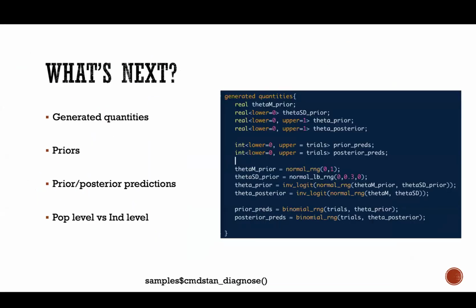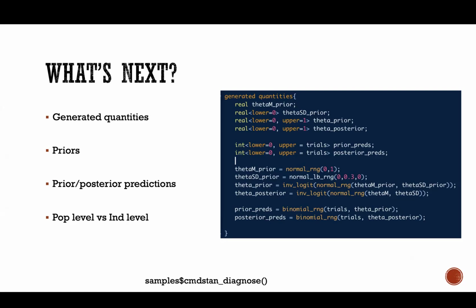What would be next is the generated quantities, in which we want to support the model quality checks that we've discussed. We would want to save the priors, so we don't need to generate them post hoc. We want to make prior and posterior predictions. In principle, we might want to make prior and posterior predictions for the population.